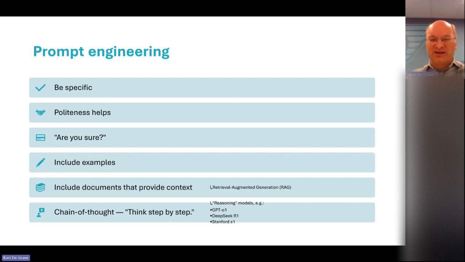Why would you be polite to a computer? Well, the reason is that the training data set contains impolite texts and polite texts, and usually in forums and papers where people are polite, they are generally more correct and more accurate in what they are saying.